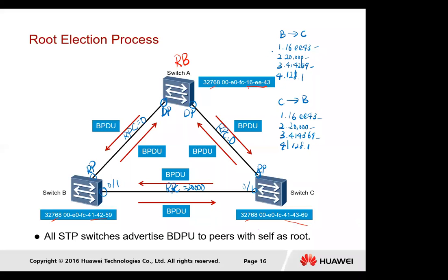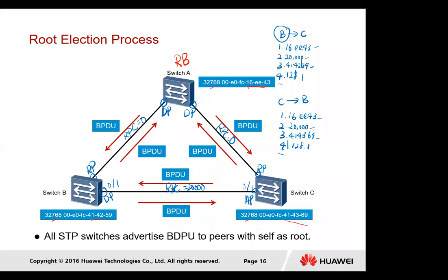You can clearly tell that B is smallest. When B is smallest, this port will be the designated port, and this port will be the alternate port. All right, this is how they elect based on the BPDU information. So always you just have to grasp these 4 pieces of information. For these 4 pieces of information, you should know how they perform the selection.